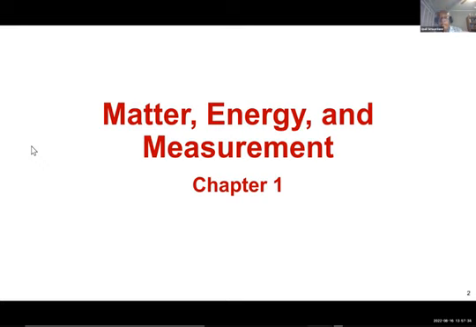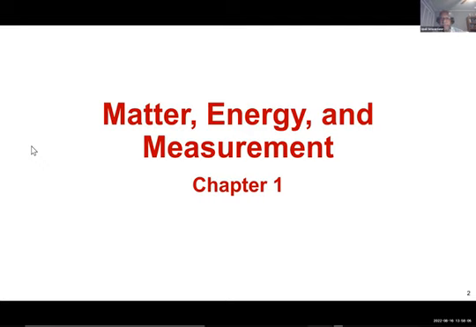Energy is shown by actions of matter: movement of objects, kinetic energy, potential energy, light, sound, etc. So matter expresses changes through energy changes.